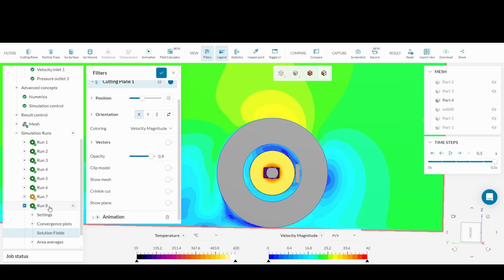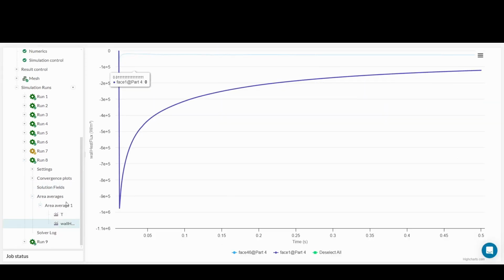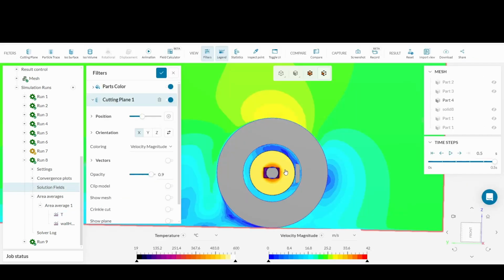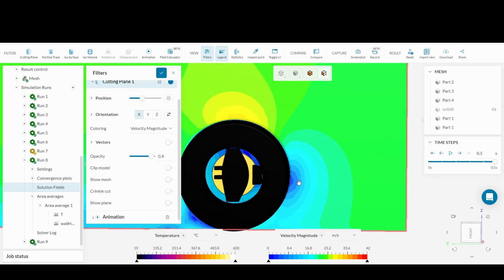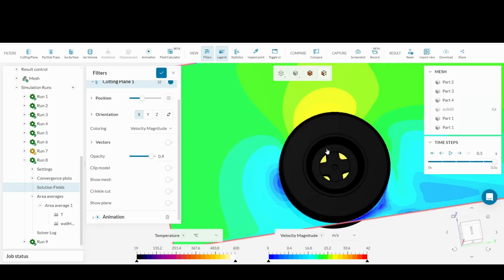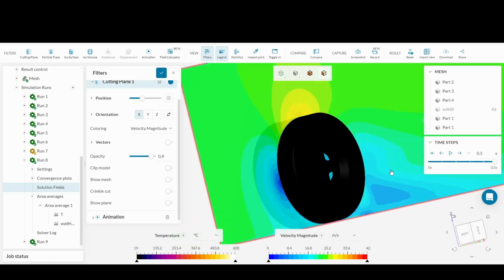This one I did, and it gave me a heat flux and then temperature for the inside and outside face of the rotor, because of the open side of the rotor, so you see we have the side of the rotor with the upright, and the other side of the rotor is covered by the wheel, so it's not seeing as much flow.